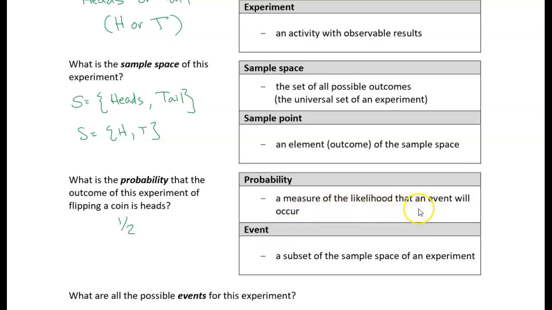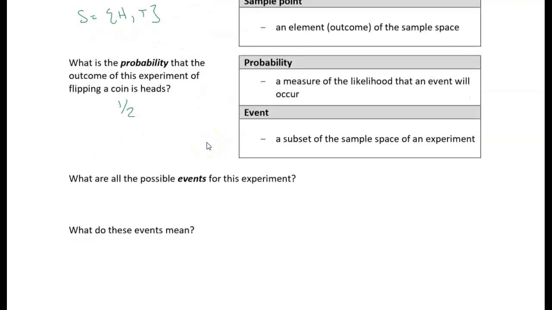The likelihood that an event will occur. And an event is a subset of the sample space of an experiment, okay? So we're defining an event as a subset of a set that we were calling the sample space, okay? So we're defining everything in terms of sets.